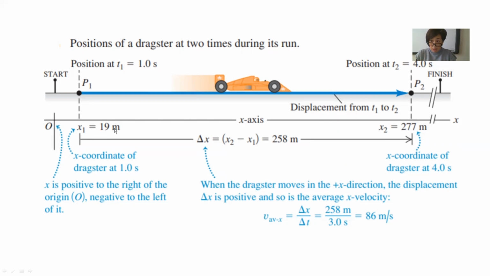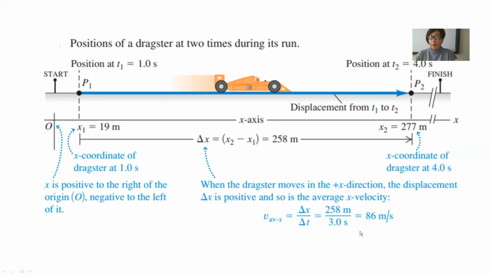And displacement shows the changing coordinate, the changing x coordinate. x is positive to the right of the origin and negative to the left of it.